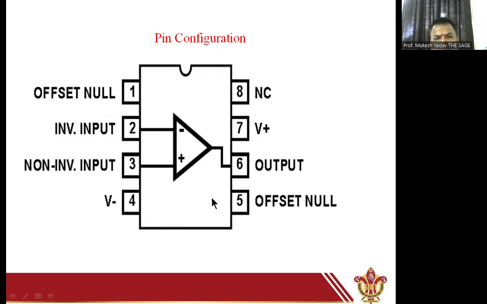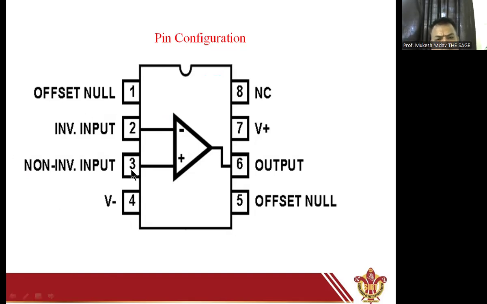The second terminal is the inverting input terminal. It is called inverting because when we apply voltage at this terminal, it gives an output and the phase difference between input and output is 180 degrees. So it inverts the output, so it is called the inverting input.